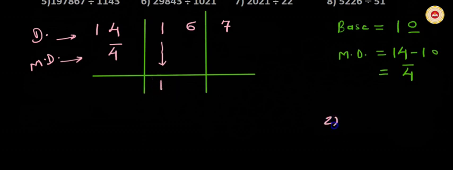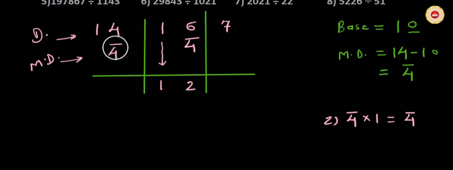Step number 2 is negative 4 multiplied by first quotient digit, which is 1 here. So minus 4 multiplied by 1 is minus 4. So write this minus 4 below second digit of the dividend, which is 6. Now add 6 plus minus 4, 2. Now this 2 is second quotient digit.